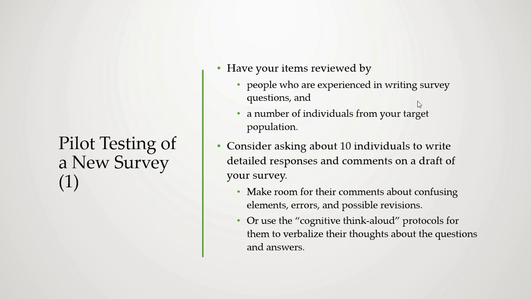Either way, the goal is to gather input from different perspectives that can help you identify the parts or elements in the survey that are confusing, incorrect, or misleading. You then revise your survey based on their comments.